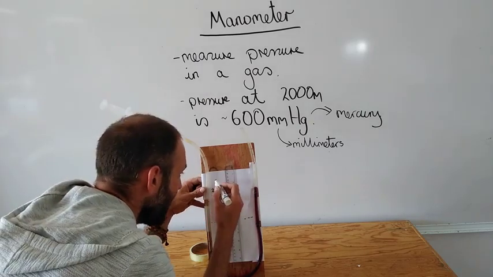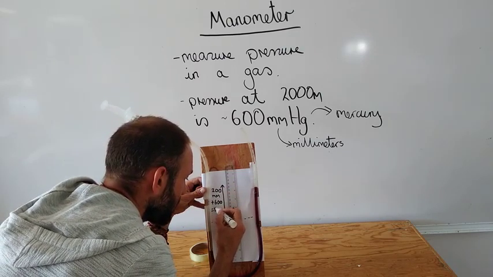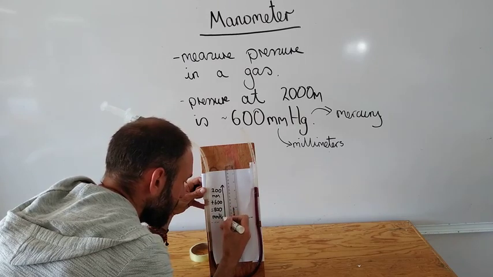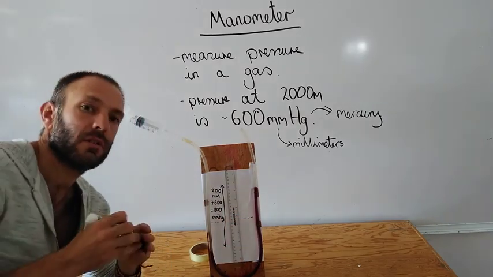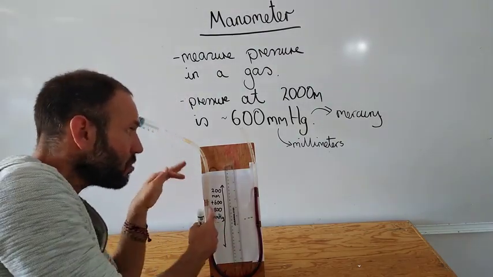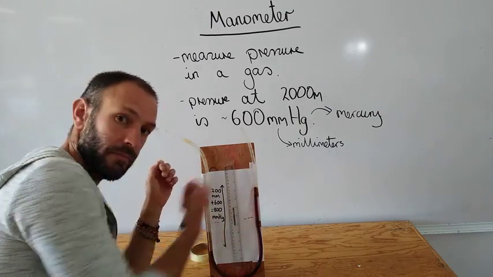So we add that to our 600. So the pressure is 800 millimetres mercury. It's more than atmospheric pressure here because it's fighting against it, it's pushing it.